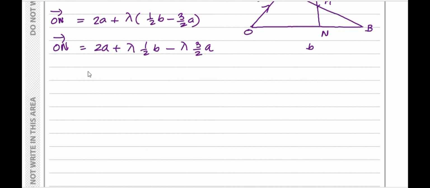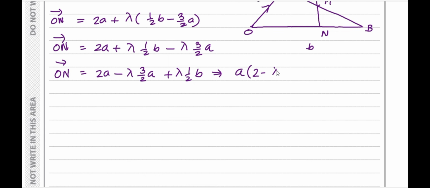Factorizing the terms containing a and b, vector ON equals 2a minus lambda 3 over 2 a plus lambda half b, that's equal to (2 minus lambda 3 over 2) a plus lambda times half b, which is what the question wanted us to show. So that answers part B of the question.